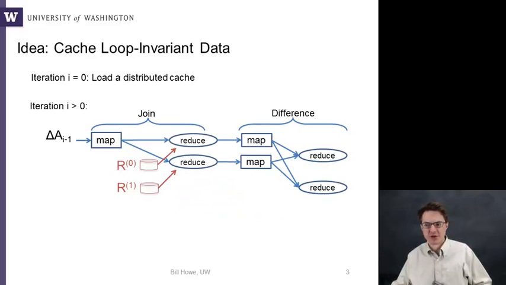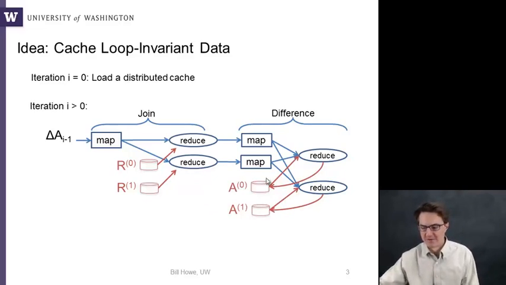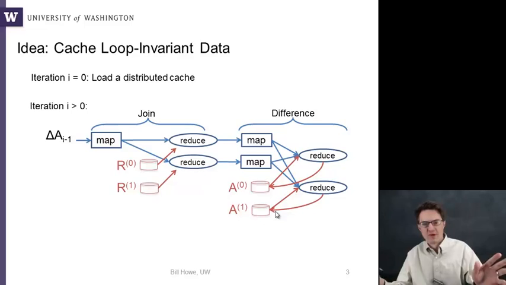And with a variant of this trick, you can do the same thing here, where you'll read it off of disk and then append more new tuples back to the same cache as you're done. And with some careful thought, you can arrange for this to happen within the MapReduce framework. Sorry, not within, by extending the MapReduce framework, and still keep a MapReduce programming interface.